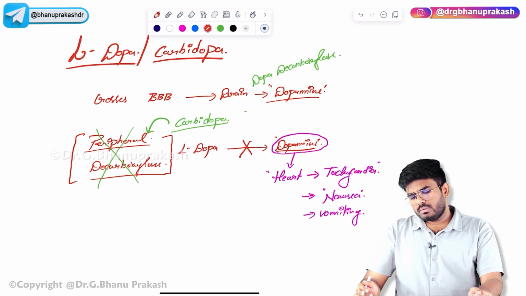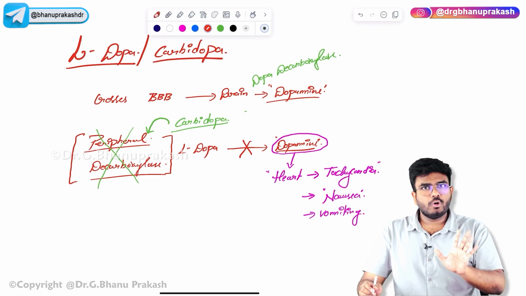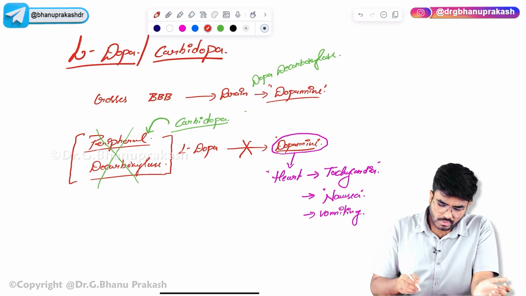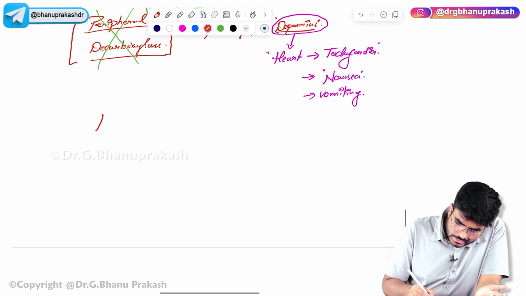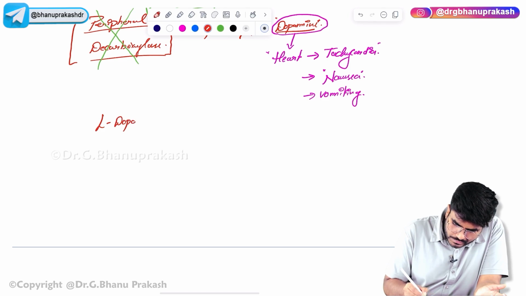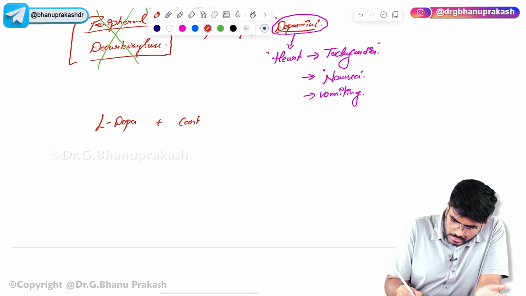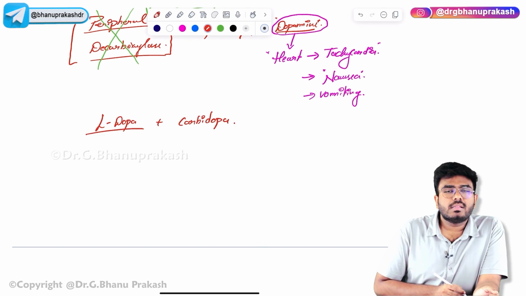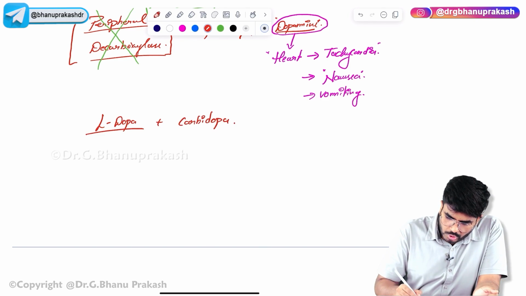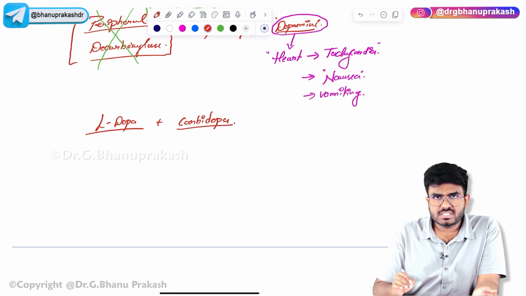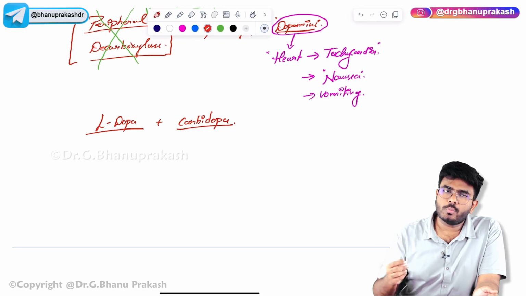Okay, now you are giving L-dopa and carbidopa. So what we have discussed is that L-dopa should be given along with carbidopa. But still some problems are there. Peripheral decarboxylation is not happening, L-dopa is going to the central nervous system and dopamine is getting produced.